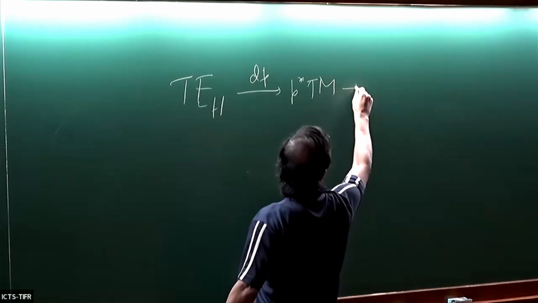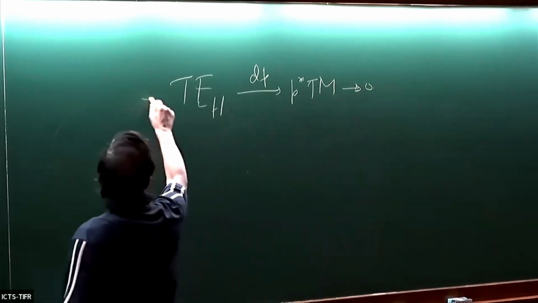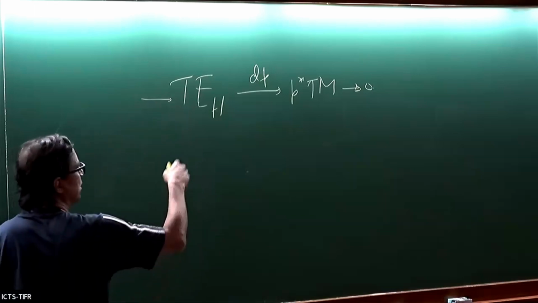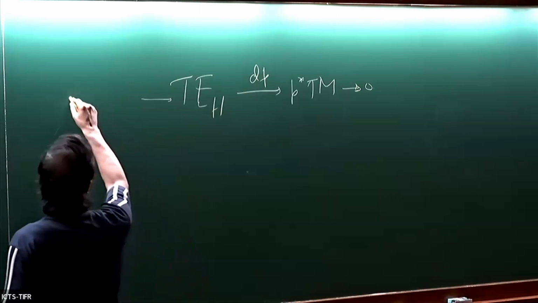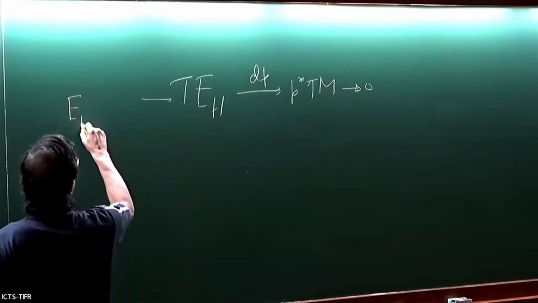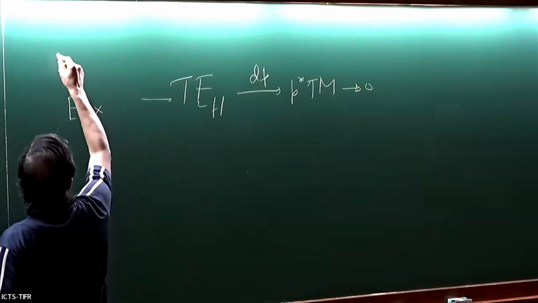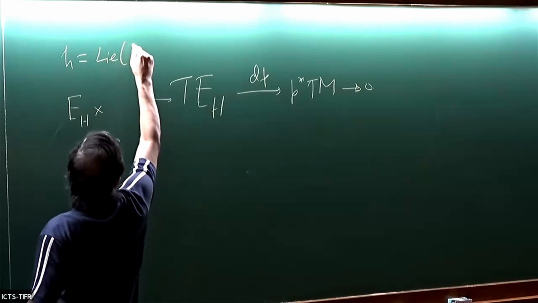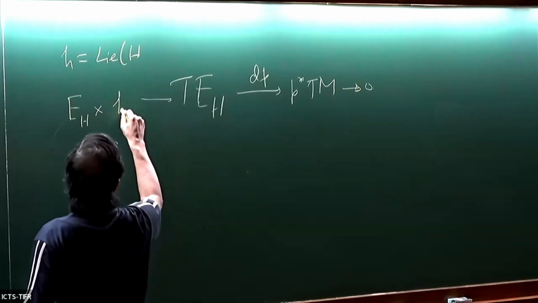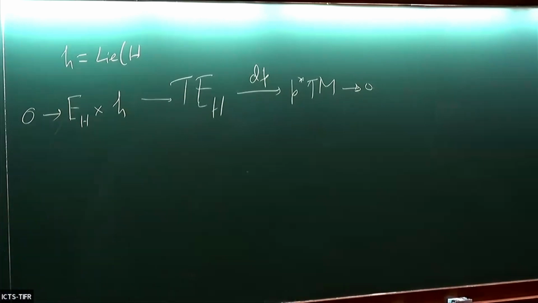It is surjective because the map is a submersion, and the kernel is the vertical, along the orbits. The action is free, so you can identify the kernel with the Lie algebra of H. You get a short exact sequence given by the differential of the map P.